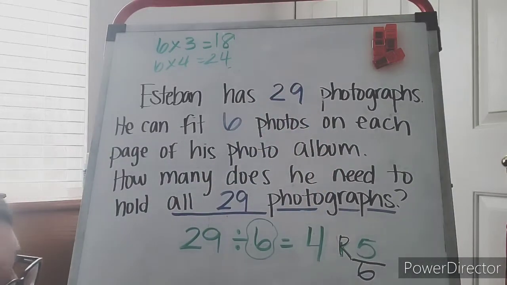But it's really hard in a photo album. You can't get 4 and 5/6 pages. There's not a 4 and 5/6 page. Either you have 4 pages or 5 pages.